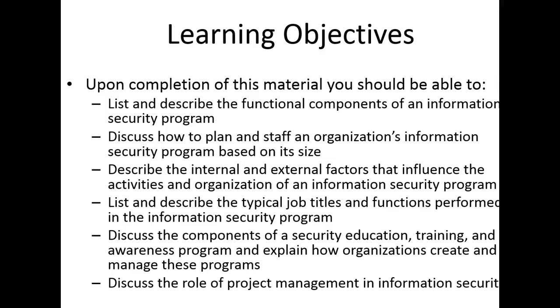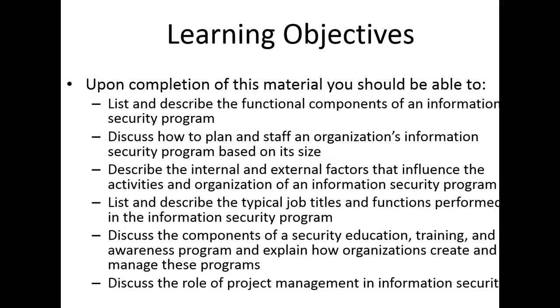Also, you will be able to describe the internal and external factors that influence the activities of an organization's information security program. You should also be able to list the typical job titles and functions in an information security program, as well as discuss the components of security education, training, and awareness programs, and how an organization can create and manage these types of programs.